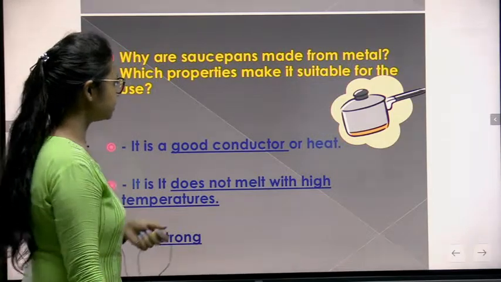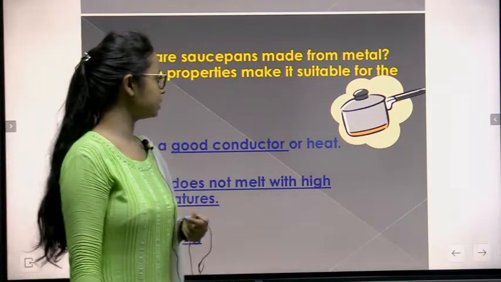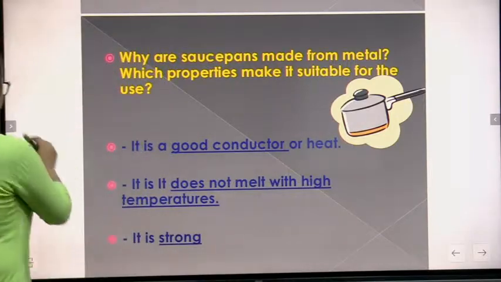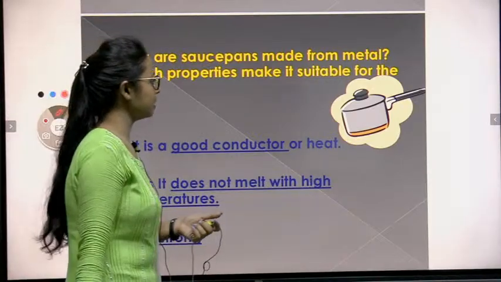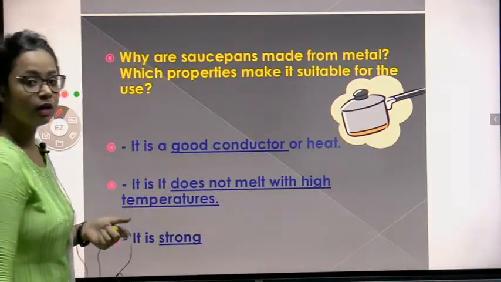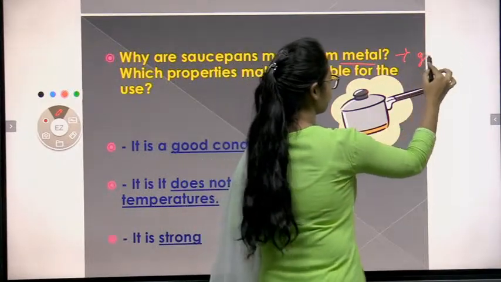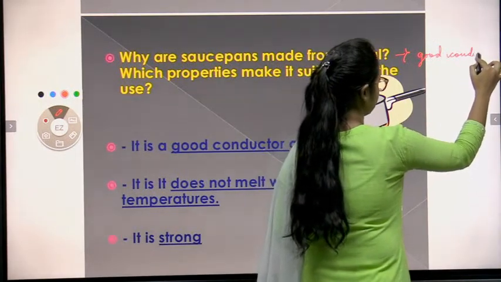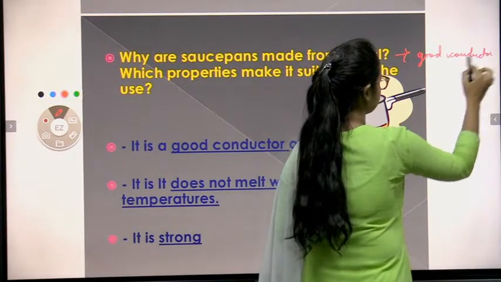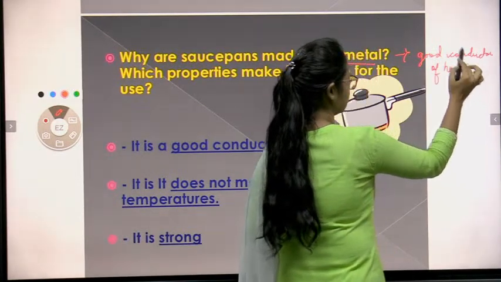Next is, why are saucepans made from metals? Which property makes it suitable for the use? Why are saucepans or any metallic thing made of metals only? Because metals are good conductors of heat. Clear?